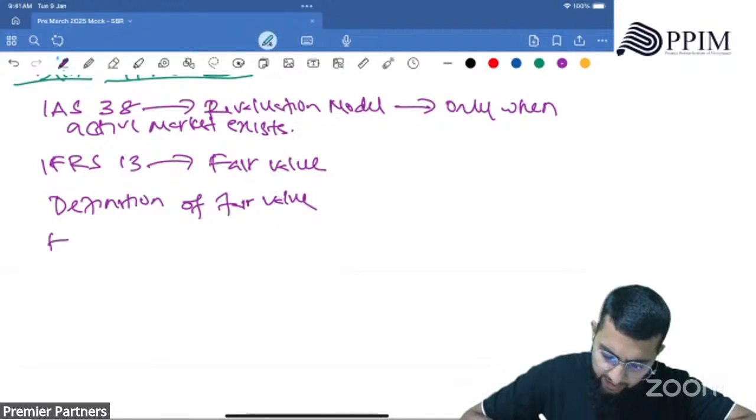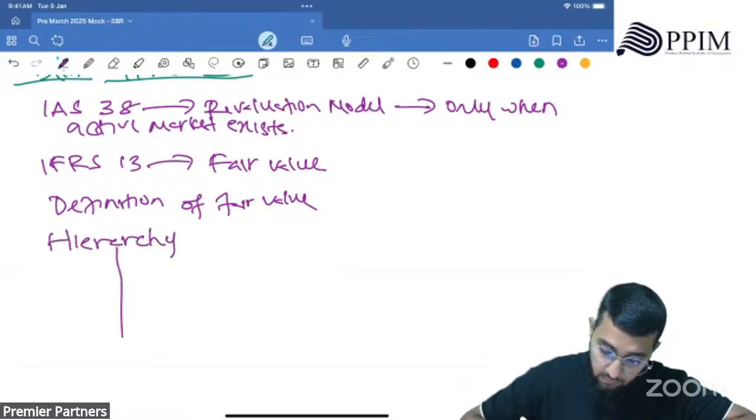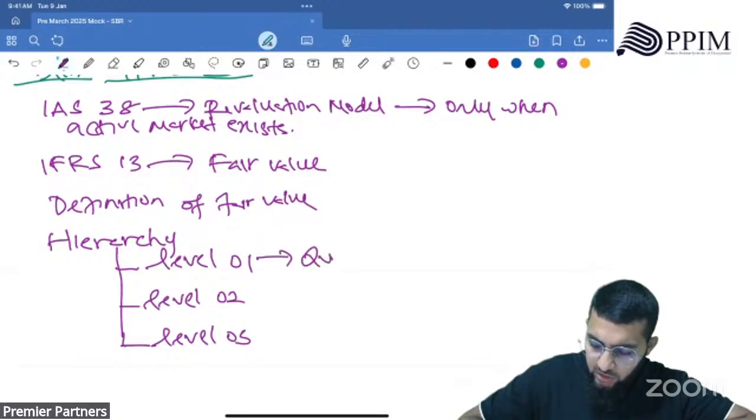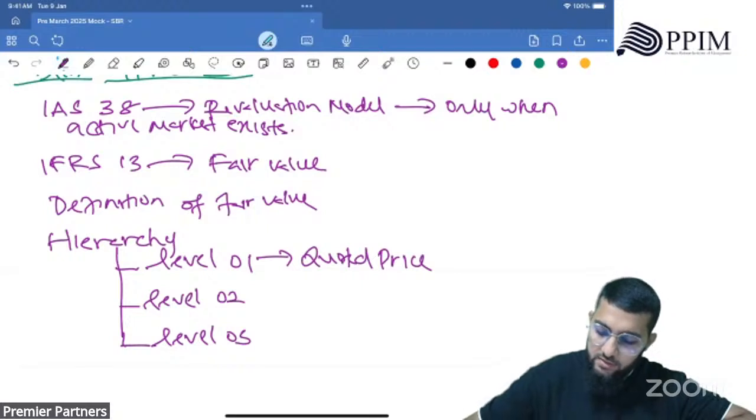Then you bring in the hierarchy. So what's the hierarchy? Level 1, level 2, level 3. Level 1 is quoted price in an active market for an identical asset. This is all knowledge, standard.